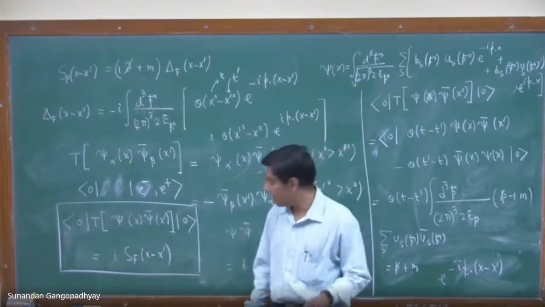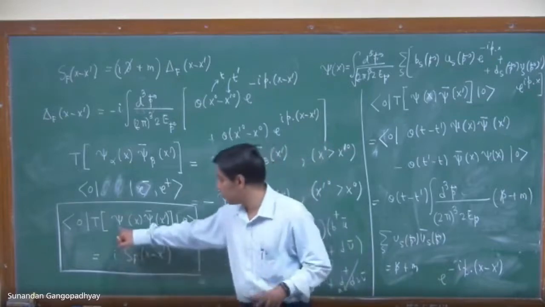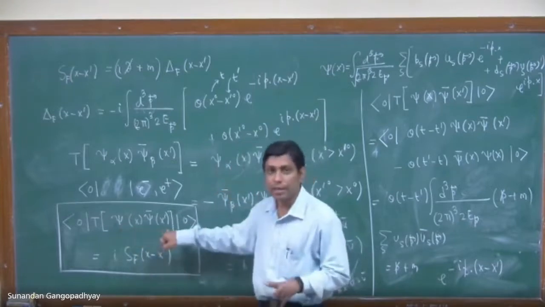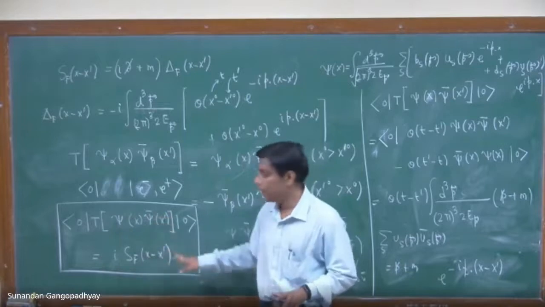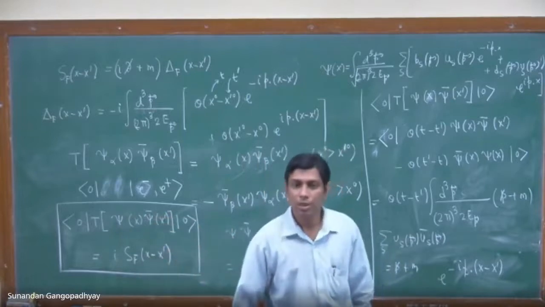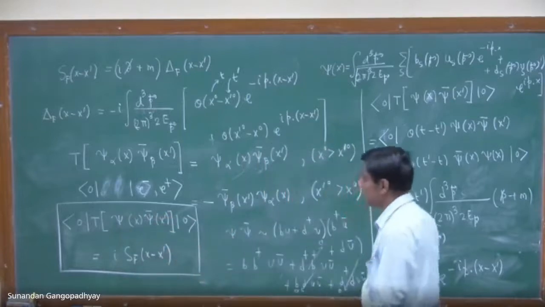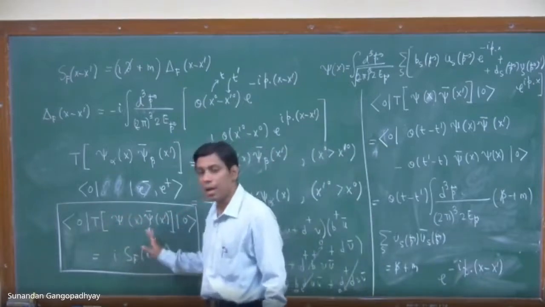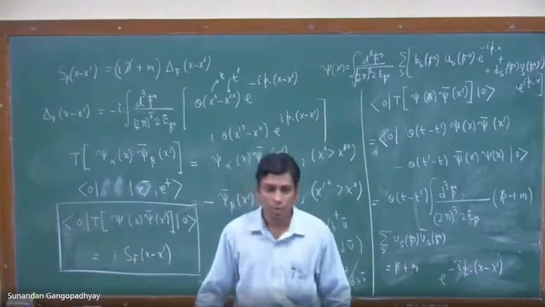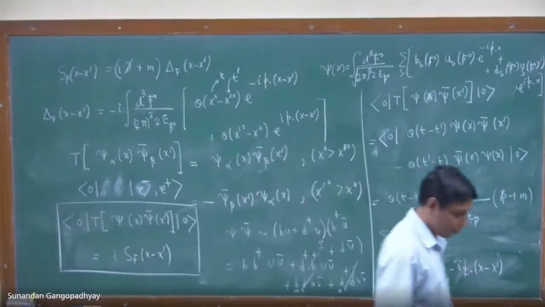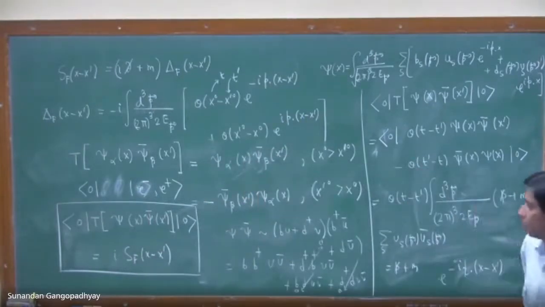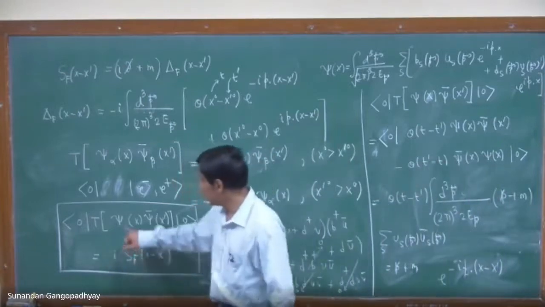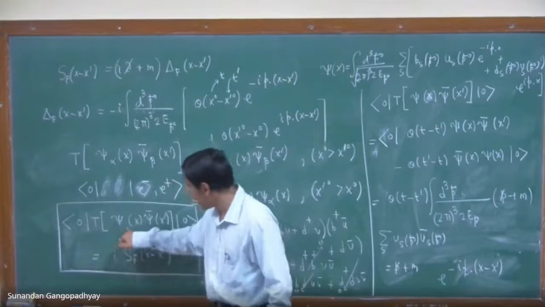You can also check for yourself that if you calculated psi of x prime with psi of x prime, with no bar, that will be zero, because for Dirac fields these are anti-commuting fields. So psi with psi, or psi bar with psi bar, is zero. For the result for S_F, you get it only from the time ordering of psi with psi bar.